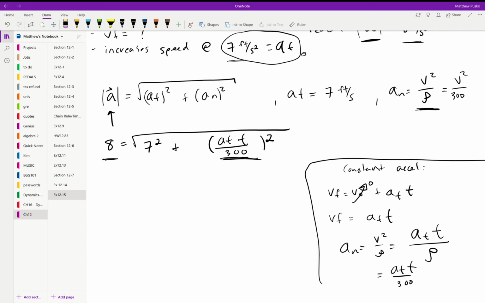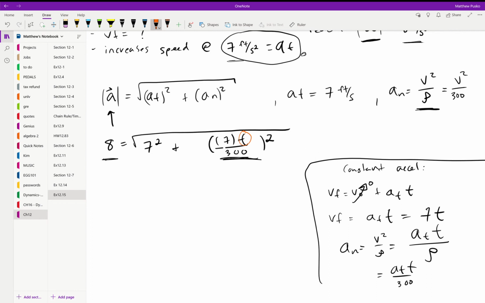We also have this acceleration in the tangential direction, so we can go ahead and put a 7 in there. This is equal to 7t. Now we have an equation with only one unknown, the time. Solving this would require us to take the positive root.